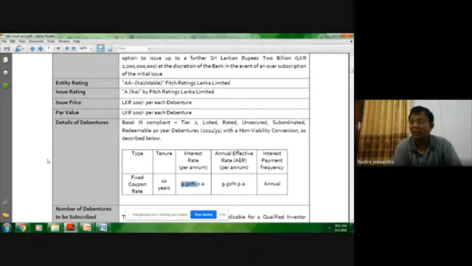So if you, as a borrower, fix it today, then you are better off. So the banks are trying to give more loans on variable interest rates, AWPLR plus a rate. When the interest rate goes up, the bank gets the advantage. But borrowers need to fix their borrowing. So there is a two-way difference.